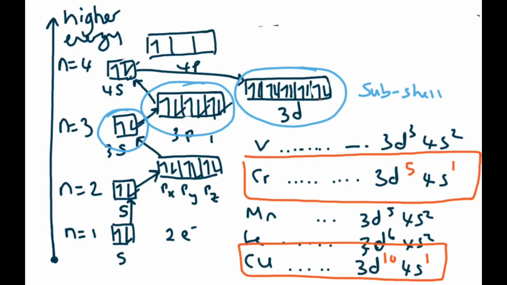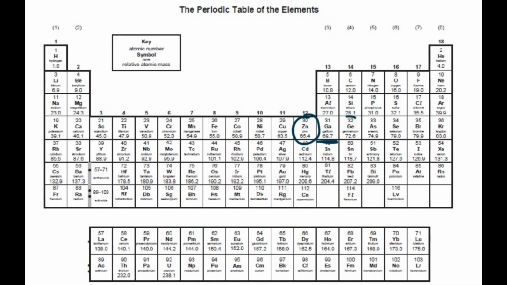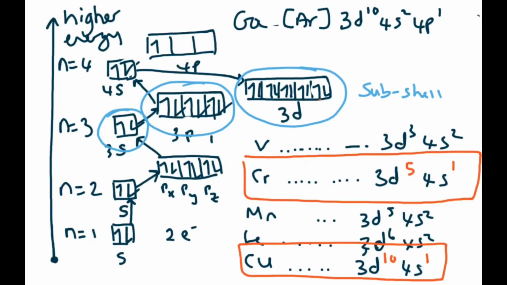So gallium is everything up to argon, then 3d10, then 4s2, and then 4p1. Then the next ones are 4p2, 4p3, 4p4, 4p5, and finally krypton is going to be 4p6.